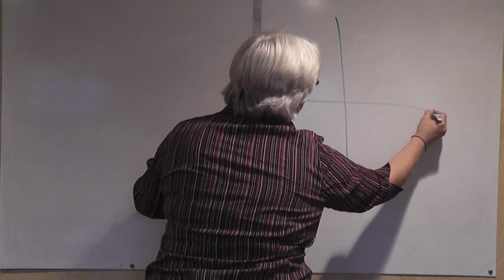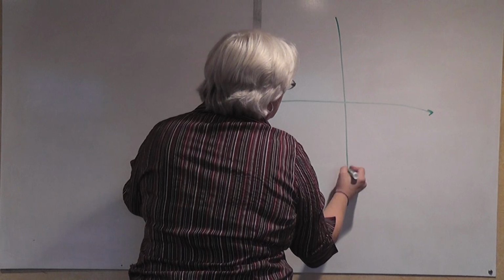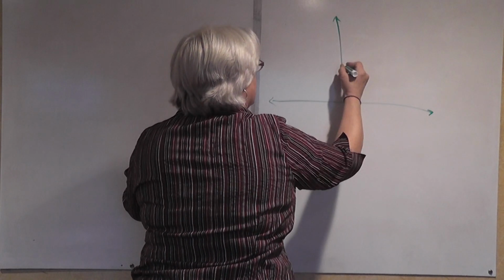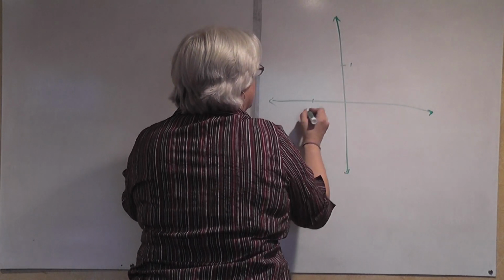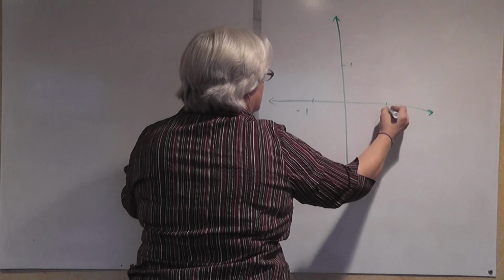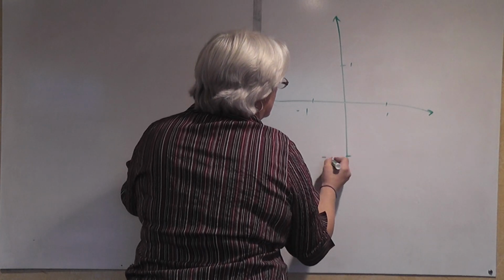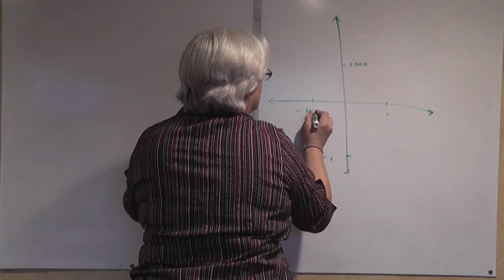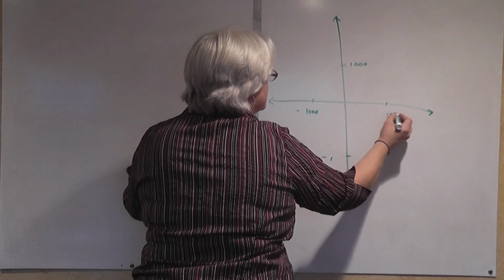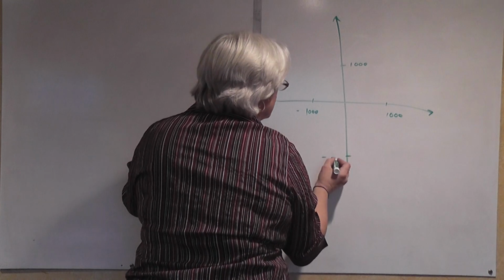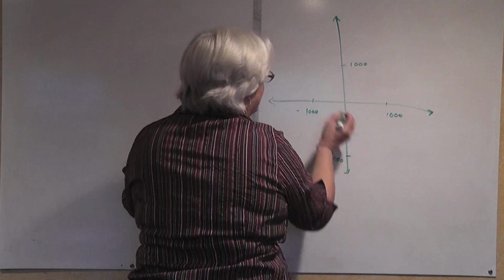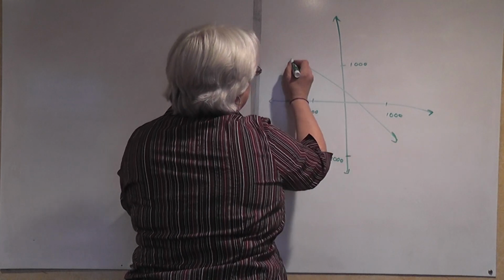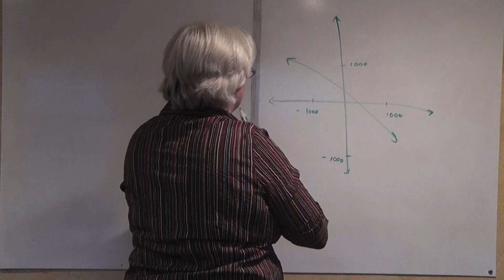We have our grid here. And I'm going to say that this line here is 1, negative 1, 1, negative 1, except instead of 1, it's 1,000. Negative 1,000, positive 1,000, negative 1,000. And here's our green line.